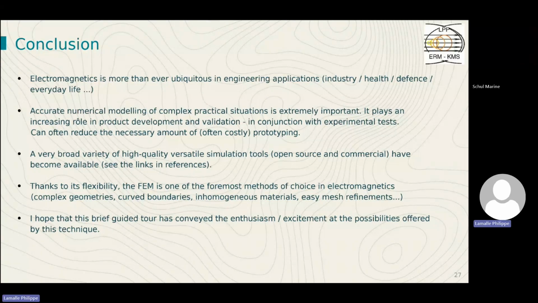So also a very broad variety of high quality and versatile simulation tools are available, both open source and commercial. You will find a short sample in the references.